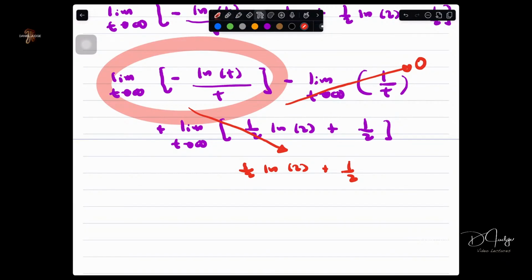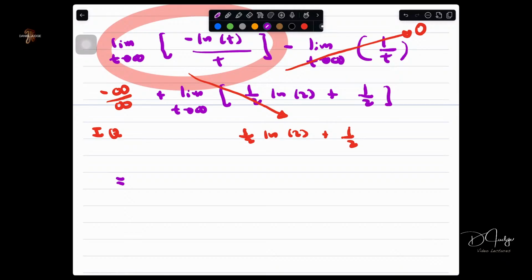If I apply my limit and I keep the negative sign as a numerator, we get negative infinity over infinity here. And that's an indeterminate quotient. We're going to use L'Hopital's rule for this limit here.